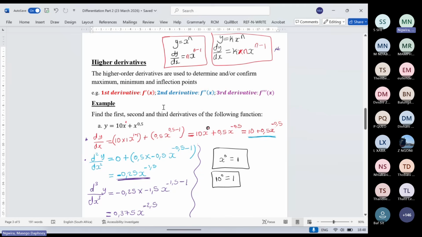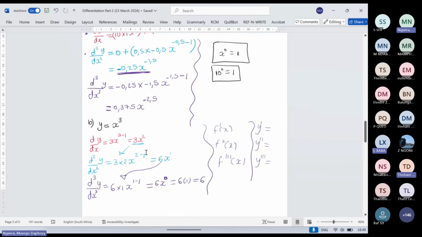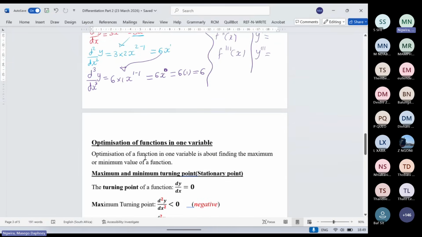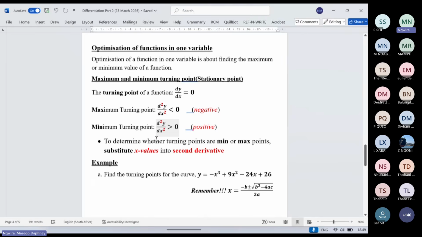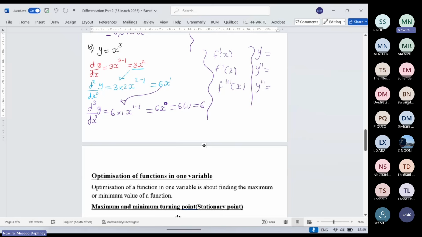You can see the question didn't say anything about the maximum and the minimum. So I am going there. That's why I said this is the basic. I'm introducing you to this now. You need the basics of deriving the first time and the second time. If I say derive first and second, you derive your y. After that, you take the answer and derive it. That's what I wanted you to get.